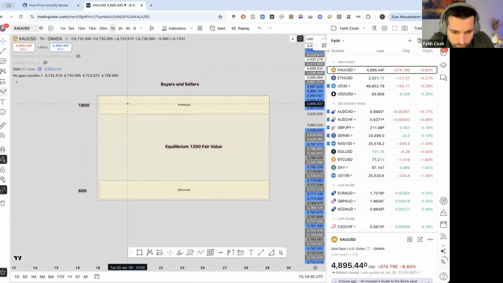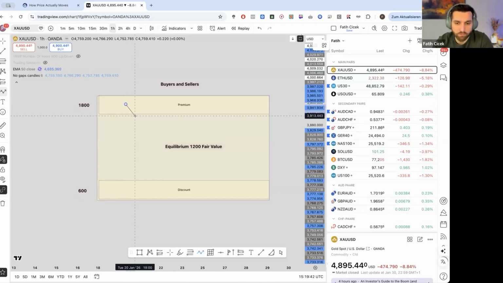So what is going to happen if you want to sell the iPhone for $1,800, but you find no one who is actually willing to buy it for that price? What are you going to do?